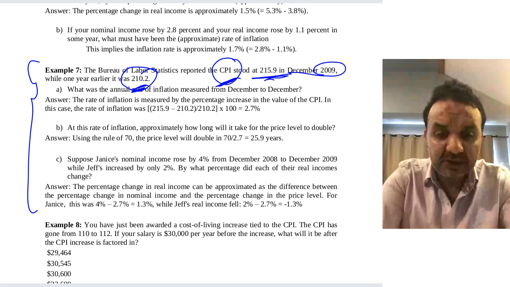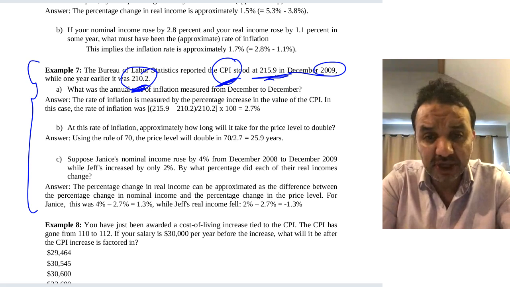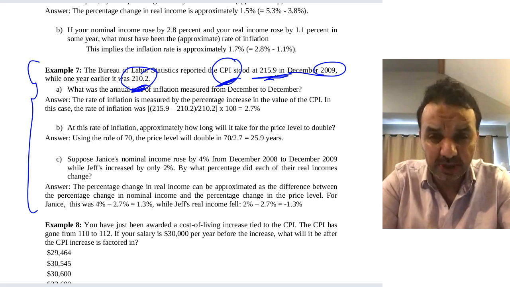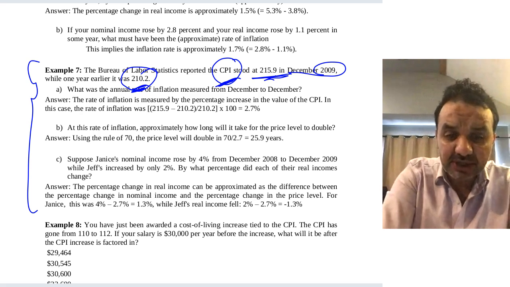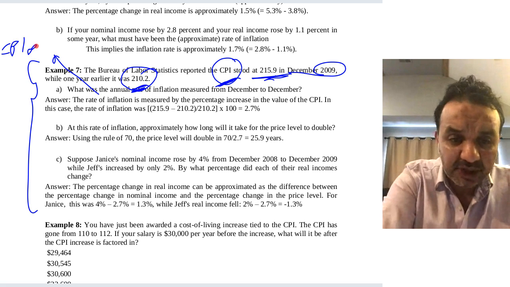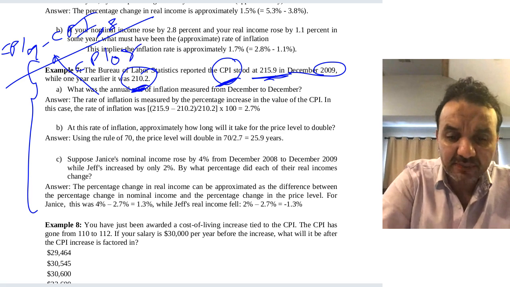Okay. So question number one: what was the annual inflation? I explained how we measure inflation in a previous video. Inflation is the percentage change in CPI, right? So inflation is CPI in 2009 minus CPI in 2008, divided by CPI in 2008.